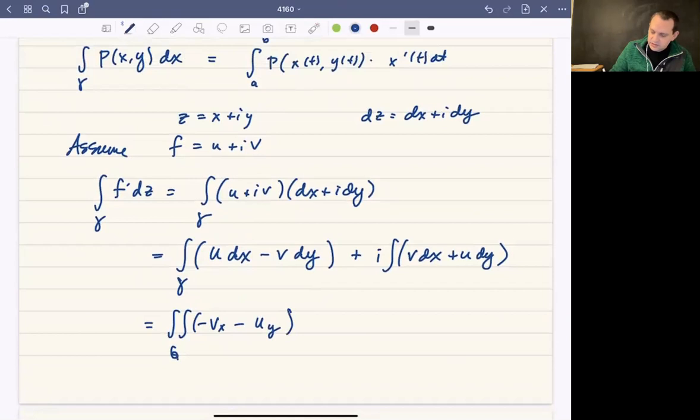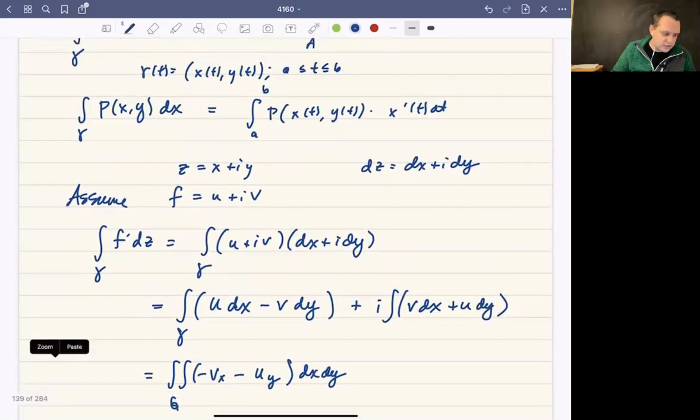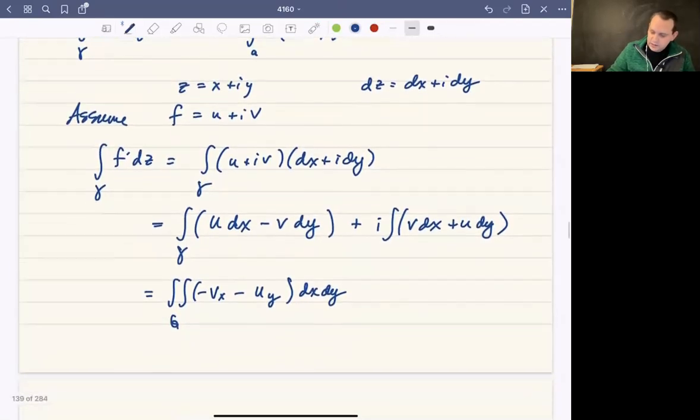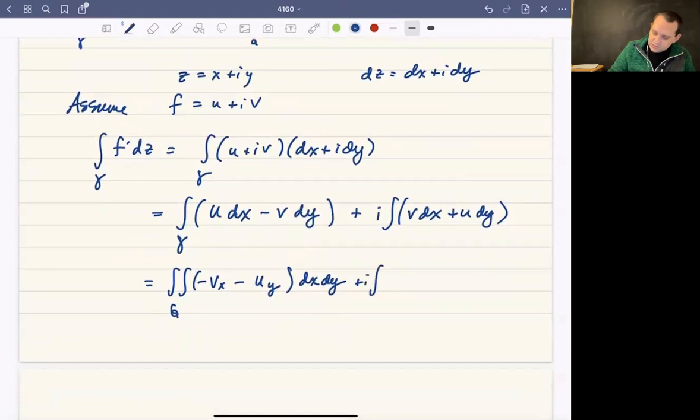That's dx dy, plus i times, again, the double integral over G of u sub x minus v sub y dx dy. Now remember that we assumed that f was holomorphic. What does holomorphic mean? It means that it satisfies the Cauchy-Riemann equations.